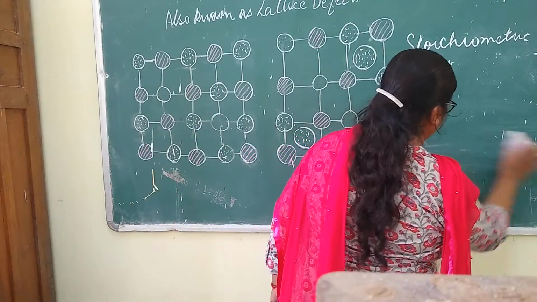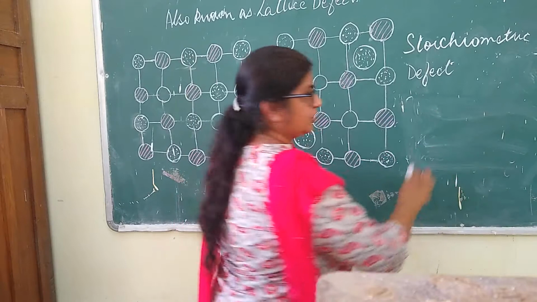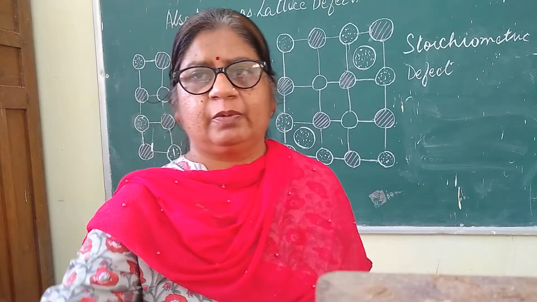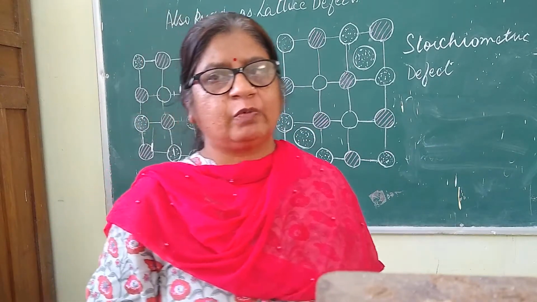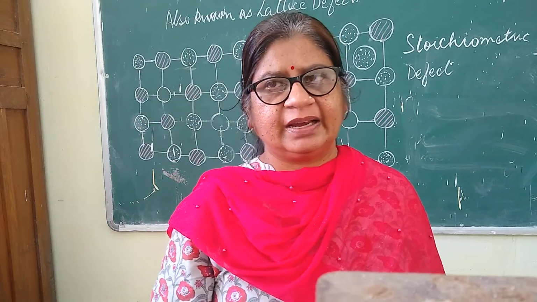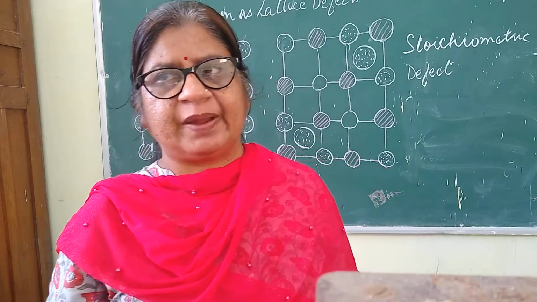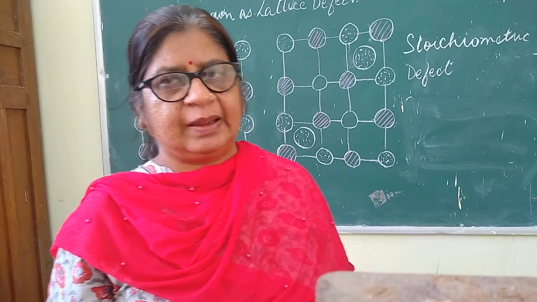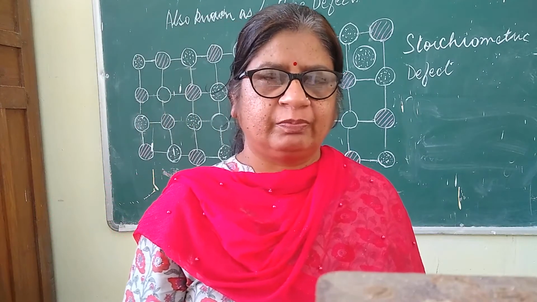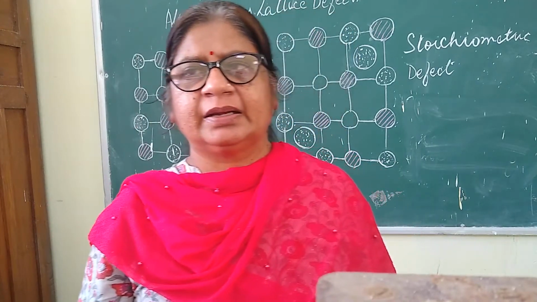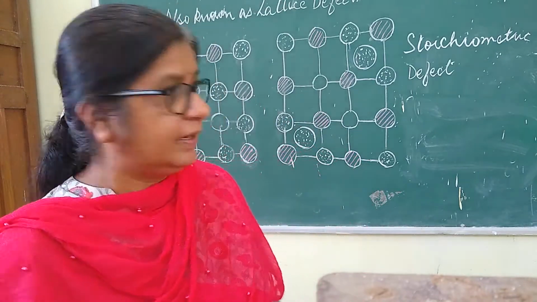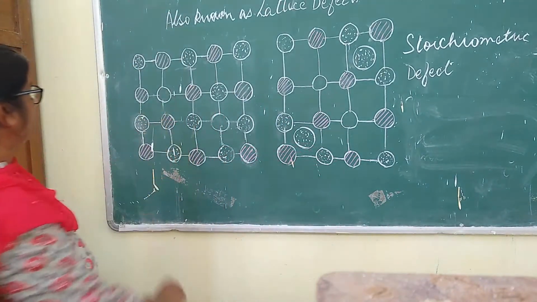A Schottky defect is caused by the missing of the cation and the anion, leaving the space empty or leaving a hole in the crystal lattice. This can be seen in this diagram.